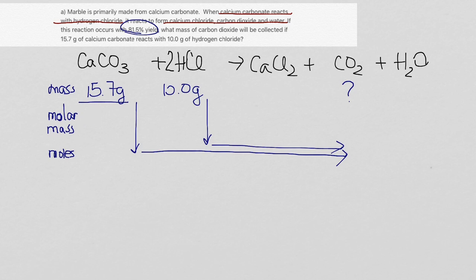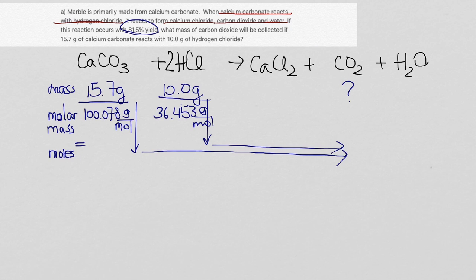So the molar mass of calcium carbonate is 100.078 grams per mole. The molar mass of hydrogen chloride is 36.453 grams per mole. And so the amount of moles of calcium carbonate we have is 0.1569.